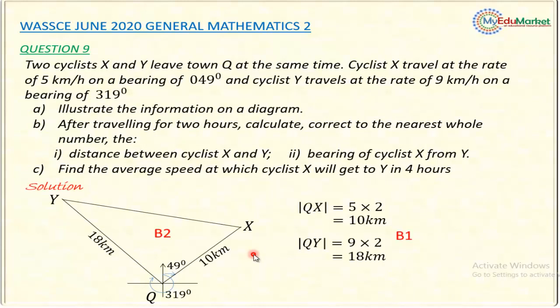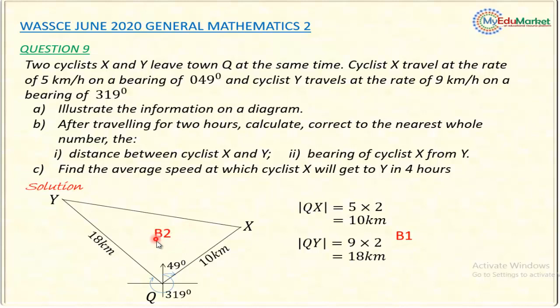So the first mark was bonus 2 marks for making this drawing accurately. In this drawing, the angle 49 must be seen, angle 319 must be seen, and similarly the points X, Q, Y must also be seen. So if you do that, together with the distances 18 and 10 kilometers, you have bonus 2 marks.